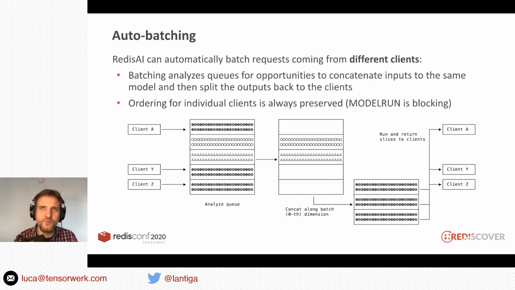There's no problem with the temporal sequence of commands here, because you have to remember that model run for the individual client is a blocking operation. So this batching only happens between different clients, and this makes it easy to understand what's happening before and what's happening after in the individual client, as opposed to what's happening concurrently in between clients.